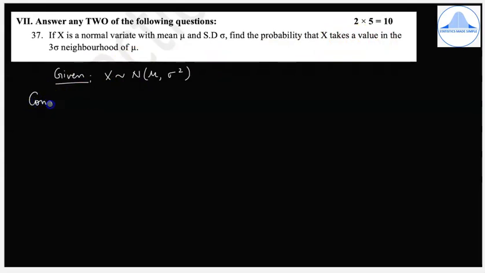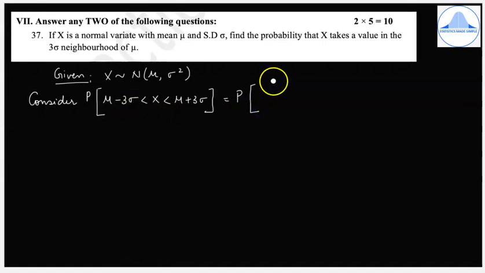So this step is written as: consider probability, mu minus 3 sigma is less than x is less than mu plus 3 sigma. So this expression is read as probability that x lies in the 3 sigma neighborhood of mu. Now we have to standardize this expression. So standardizing means you have to subtract mu and divide by sigma.